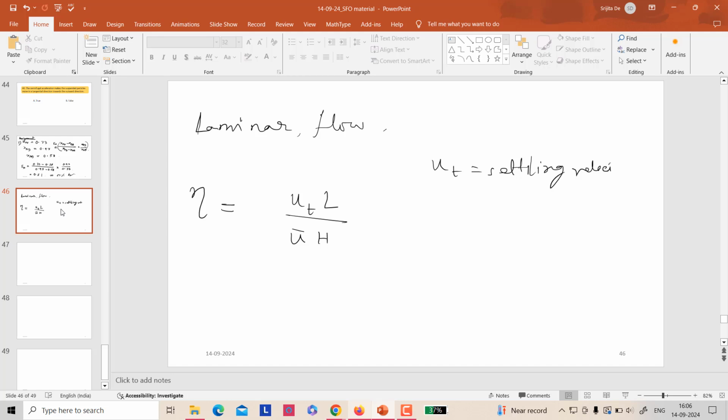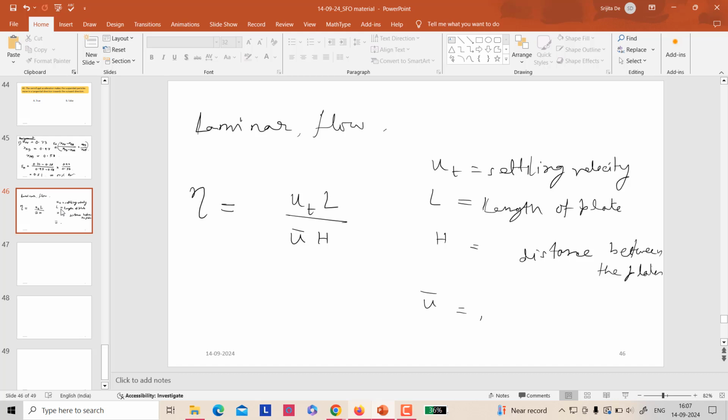L is the length of the plates inside the laminar flow chamber. H is the distance between the plates. And U bar is the mean gas velocity.